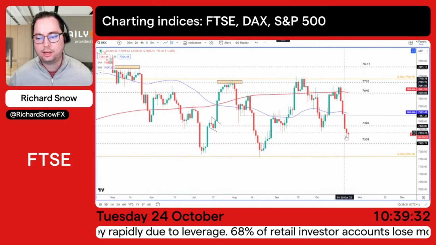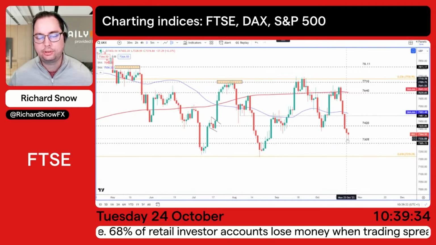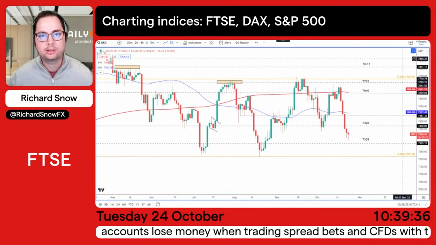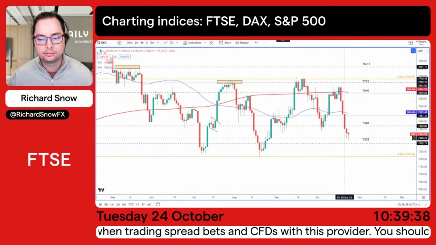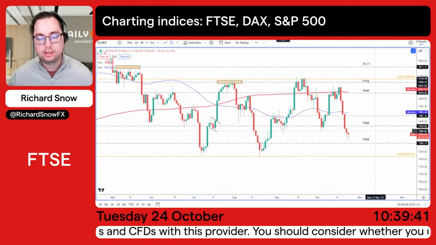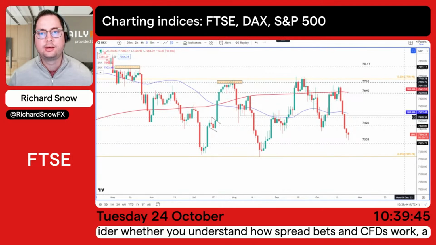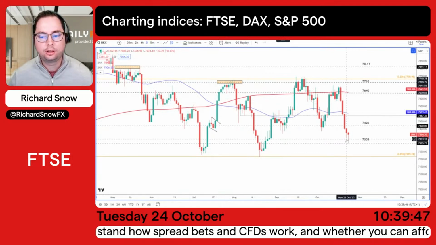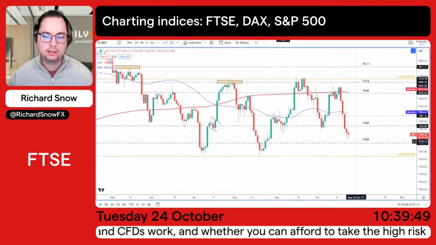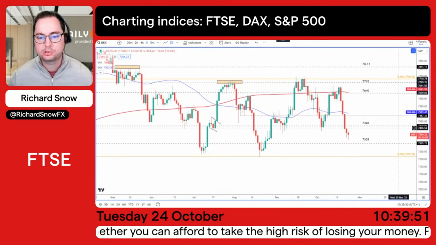But once again, we look at these wicks. They tend to be quite telling in terms of price action, and where we see extended wicks on the downside, that's often representative of a rejection of lower prices from here. So we could be seeing the bulls starting to make a return.